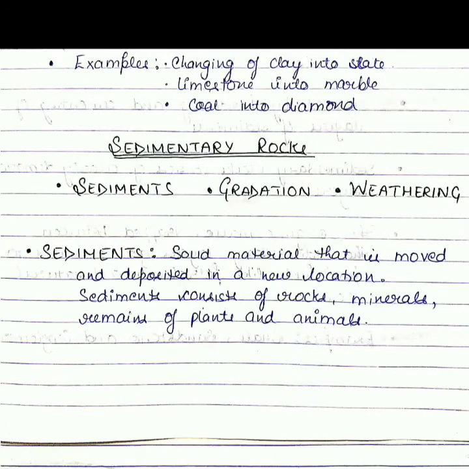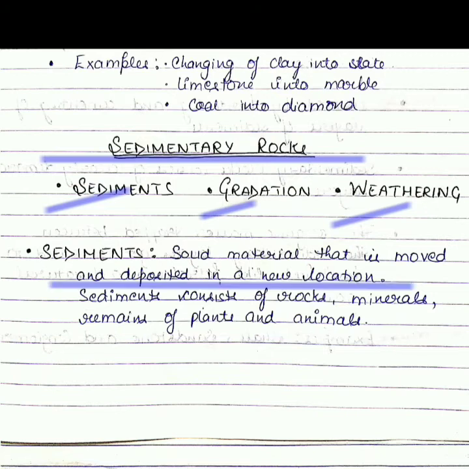Sedimentary rocks. First of all, let us understand the meaning of the following three terms: sediments, gradation, and weathering. Sediments. Sediment is a solid material that is moved and deposited in a new location. Sediment consists of rocks and minerals as well as the remains of plants and animals.